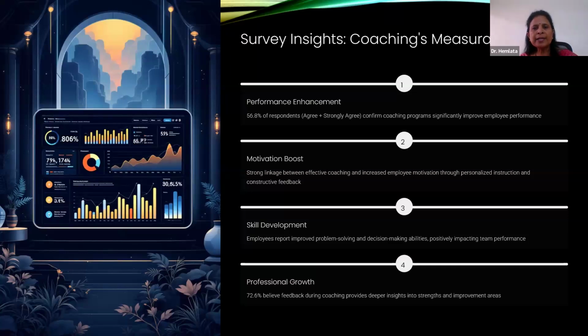Motivation boost: strong linkage between effective coaching and increased employee motivation through personalized instruction and constructive feedback. Skill development: employees report improved problem solving and decision making abilities, positively impacting team performance. Professional growth: 72.6% of the respondents believed that feedback during coaching provides deeper insights into strengths and improvement areas.